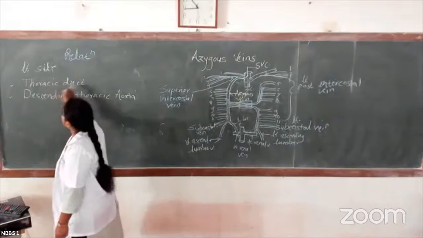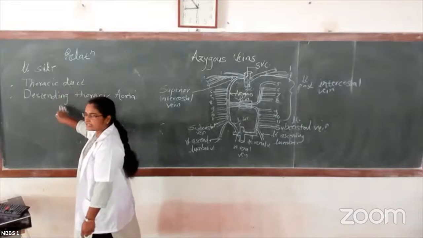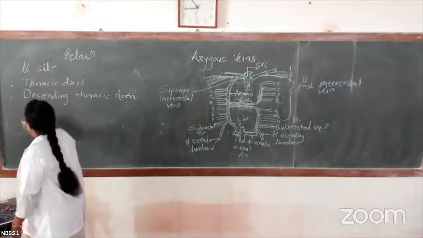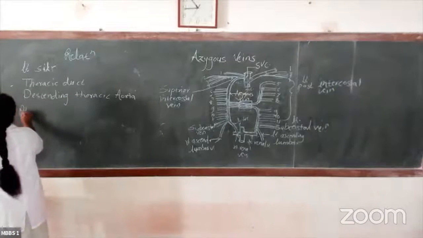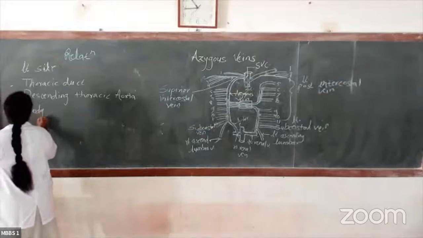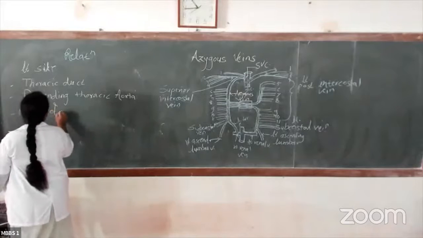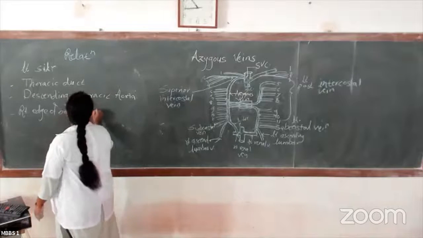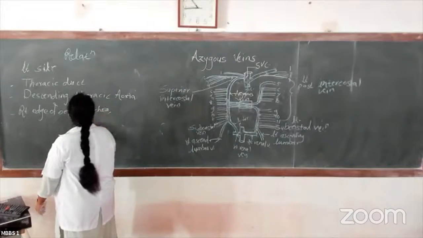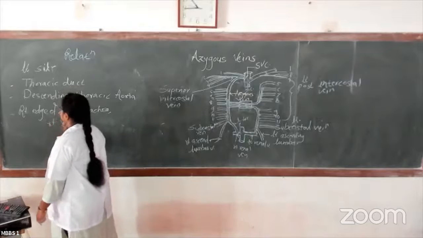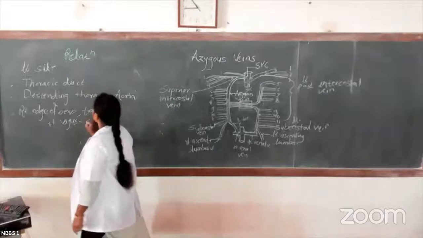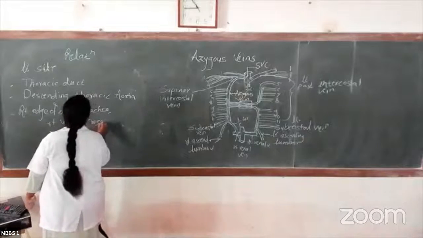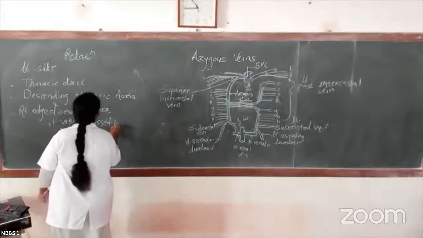So these are the structures present on the left of azygous vein: the thoracic duct, descending thoracic aorta, then the right edge of the esophagus, trachea, and right vagus nerve. These structures are crossed by the arch of azygous vein.